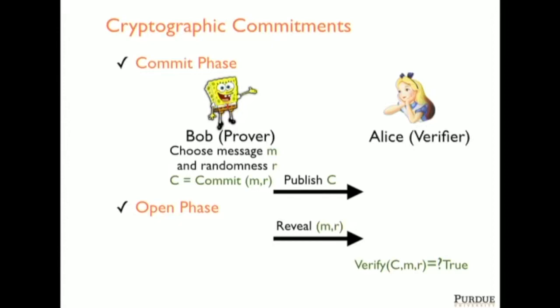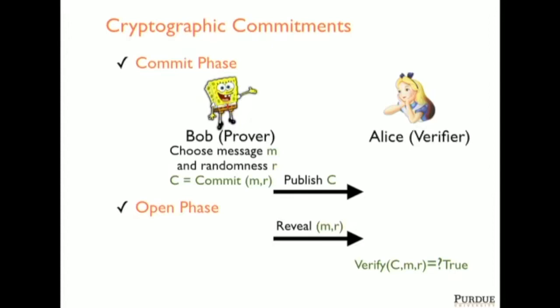Now this commitment is sent to the verifier, Alice, and the privacy requirement that we have is that, seeing this commitment c, the verifier should not have any information regarding the committed value m. That's the guarantee that we want.